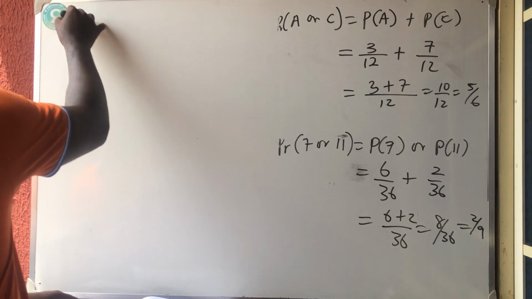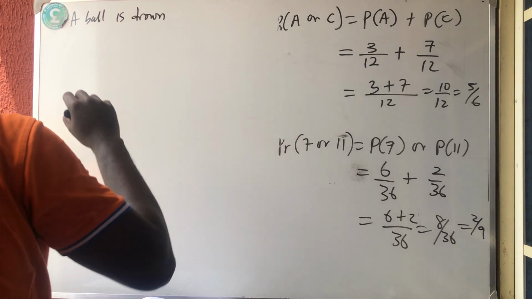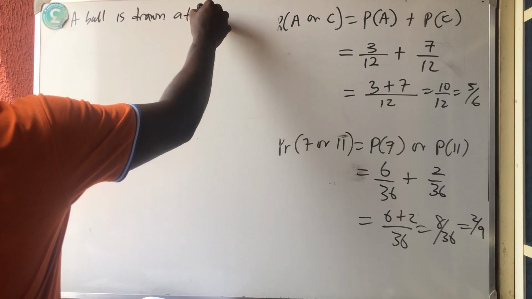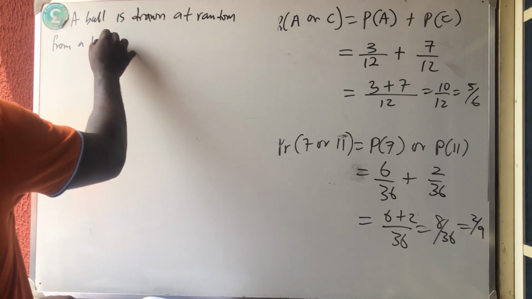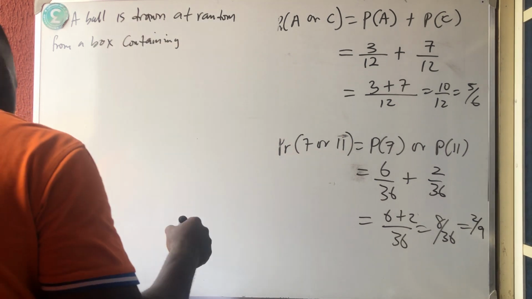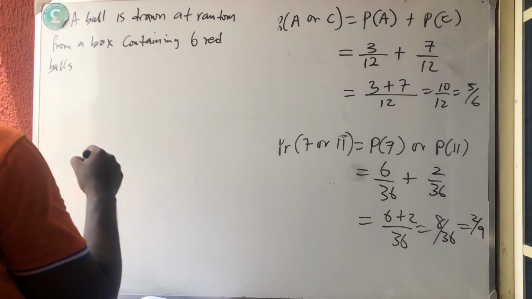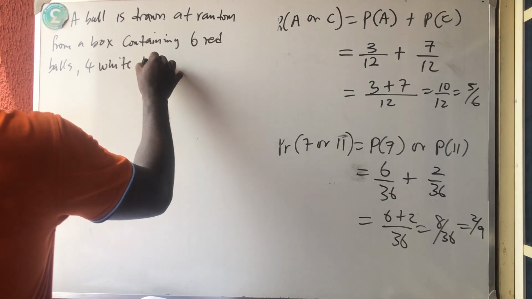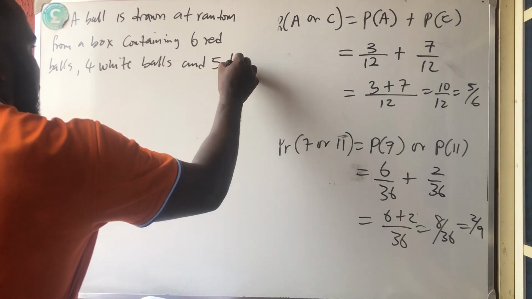The next one said a ball is thrown at random from a box containing 6 red balls, 4 white balls and 5 blue balls.